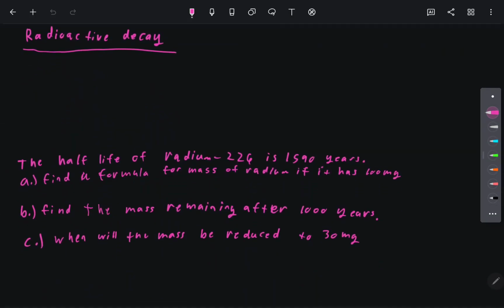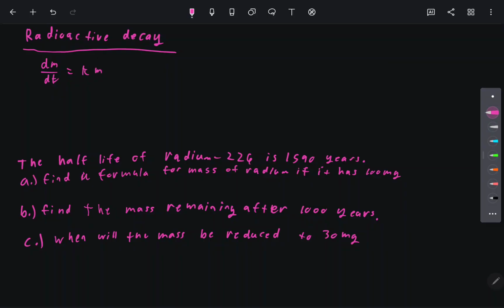Radioactive decay. So the one thing that we haven't talked about so much yet is what happens if our k is negative. So, of course, it uses the same example. So we have dm over dt, and let's say that m is just mass, is equal to k times m.